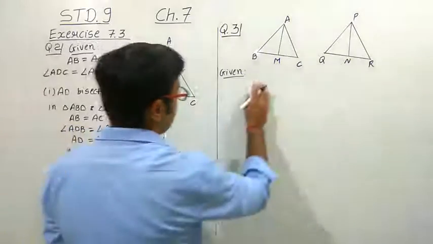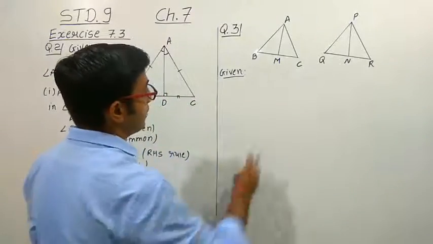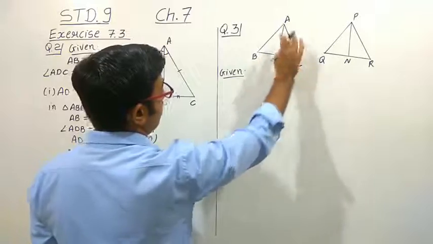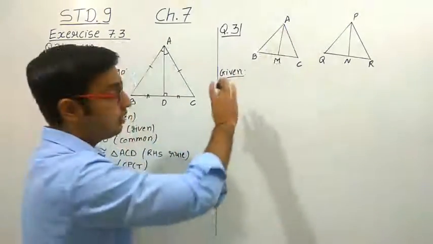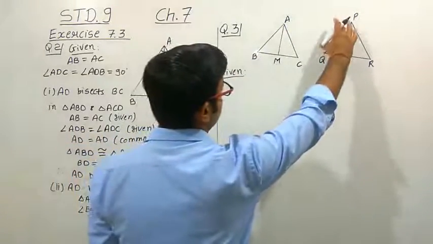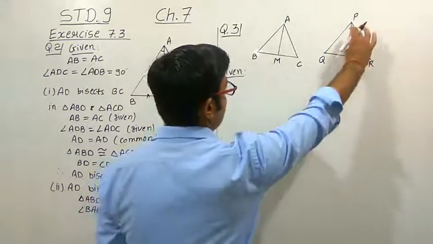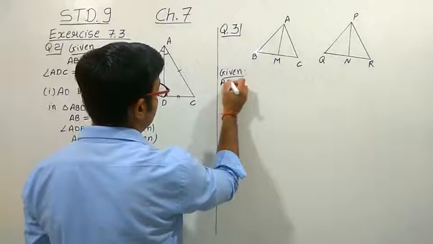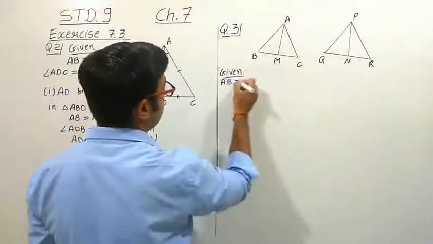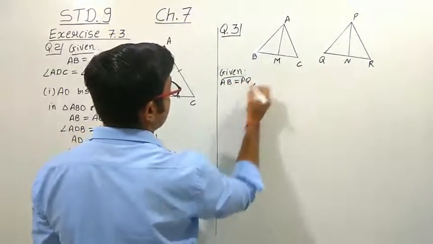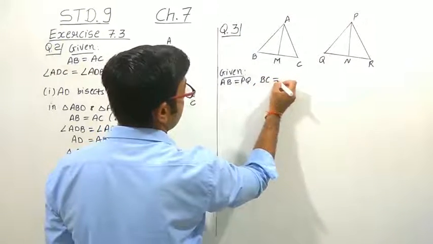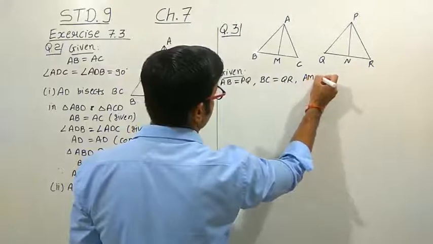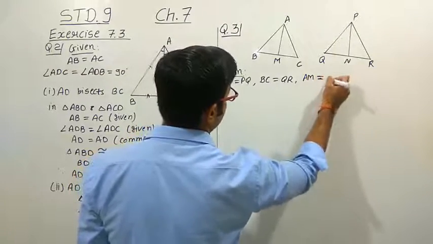See, let us write down first of all the given condition. We have given that one of the sides AB, second side BC and median AM of this triangle are equal to this side PQ, second side QR and median PN. So this side AB is equal to the PQ side, BC side is equal to QR side, median AM is equal to median PN.